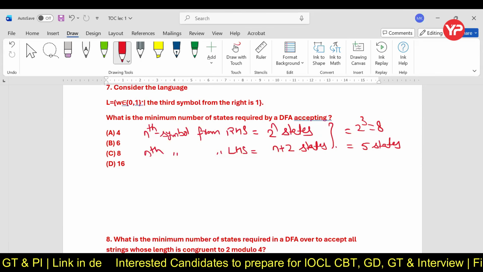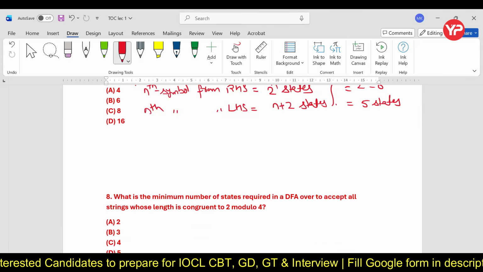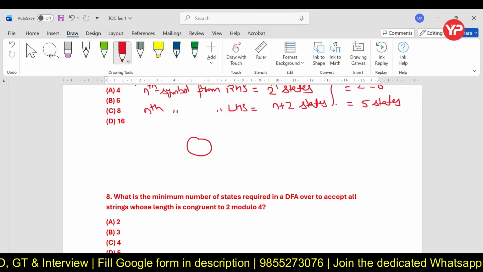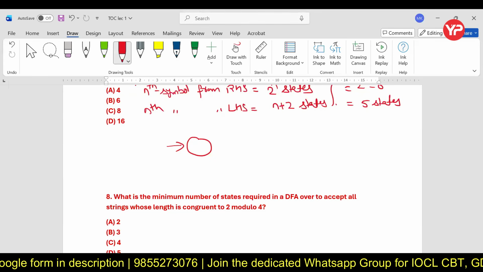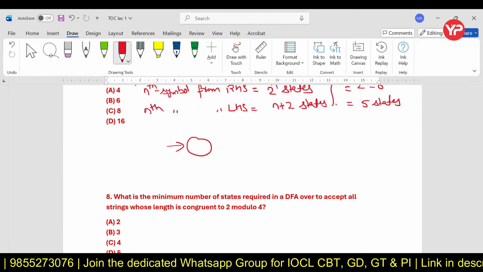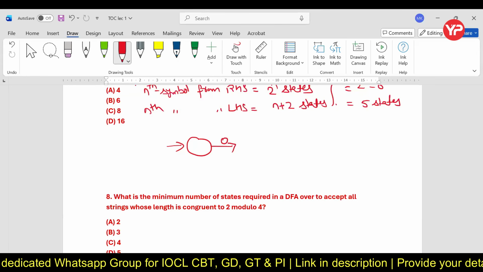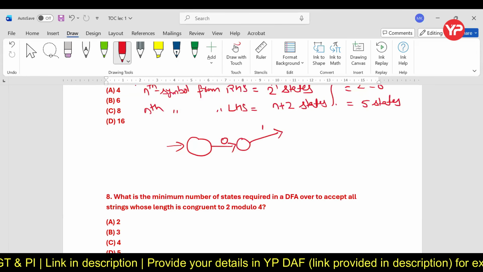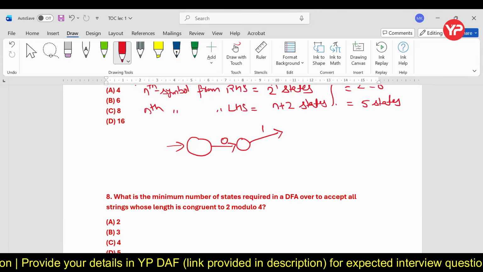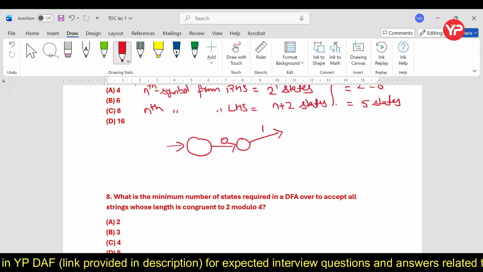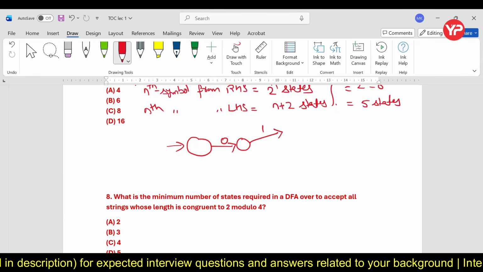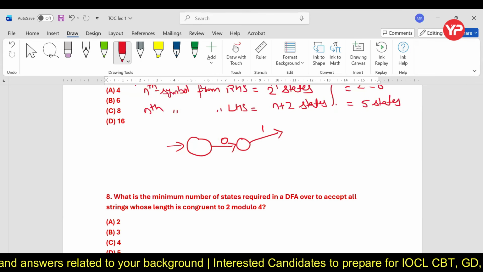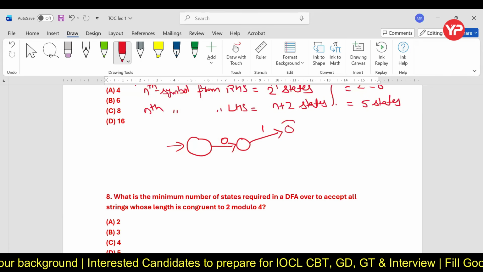Now see, let's talk about the second symbol from RHS. In the case of the second symbol from RHS being 1, the first symbol may be 0, but the second symbol must be 1. Yes or no? Getting my point? So we have to make 1.